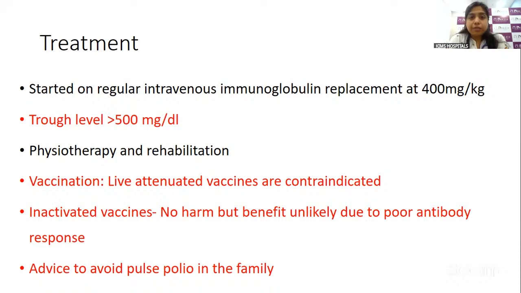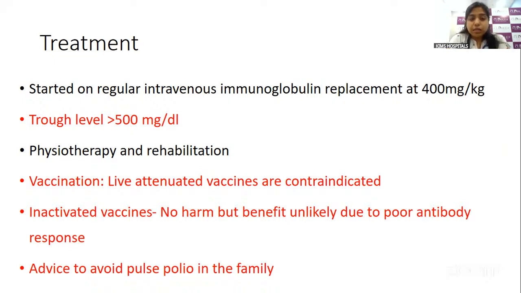The main thing from a pediatrician's point of view is knowing which vaccines to give and which not to give. Live attenuated vaccines are completely contraindicated. This child initially presented with acute flaccid paralysis and meningoencephalitis, all probably attributed to the OPV the child received.